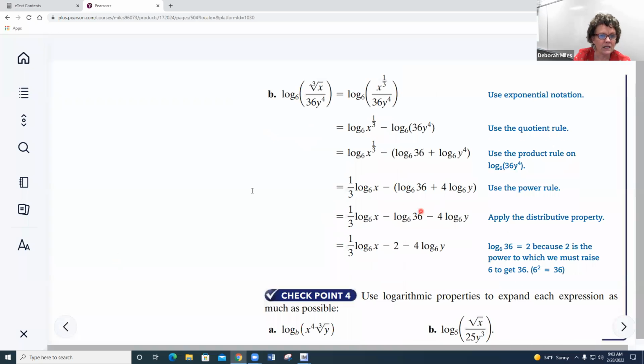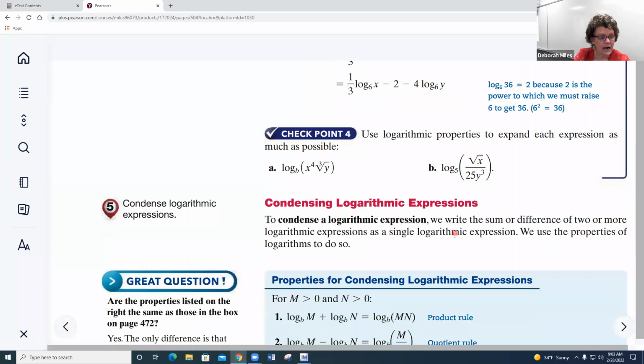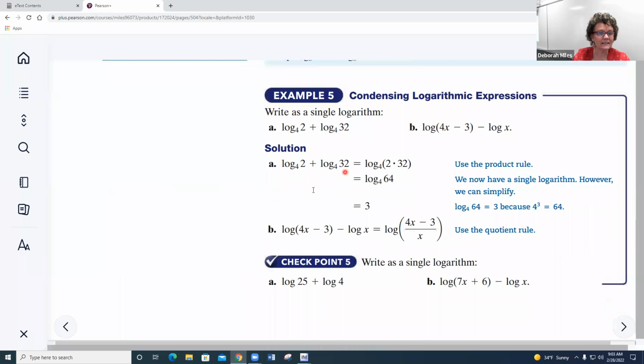The B part's a little bit uglier, but again, those steps out to the side are what's so helpful. And then checkpoint 4, all the checkpoint answers are in the back of the book. And then examples of condensing logarithms, example 5, and these 2 checkpoints are in the back of the book.